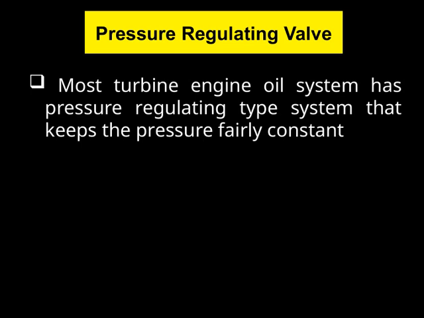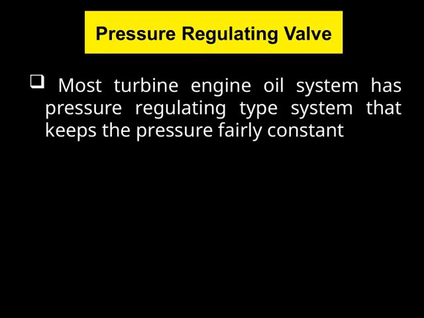Most turbine engine oil systems typically use a pressure-regulating type system, which is crucial for maintaining consistent oil pressure. This consistency ensures that all engine components receive the proper lubrication they need to operate smoothly and reliably. The key component here is the pressure-regulating valve, which automatically adjusts to keep the oil pressure within a safe and effective range.